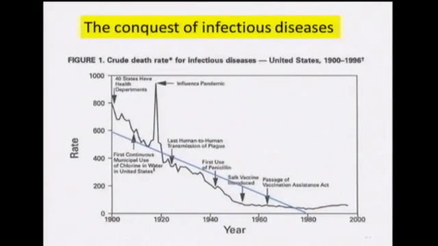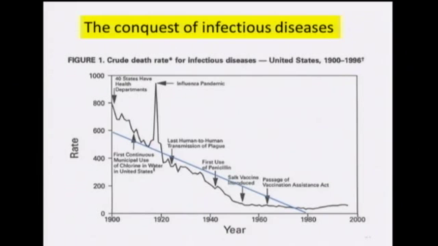There are other examples. In the 70s, there was a feeling that we had conquered infectious diseases. Here we have a very dramatic curve showing the decline in mortality from infectious diseases over the 20th century. That decline may be explained by several causes.